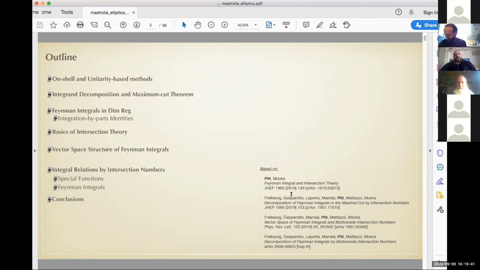So this is a program that we started in order to apply key concepts borrowed from intersection theory to study the algebra of Feynman integrals and their algebraic properties.